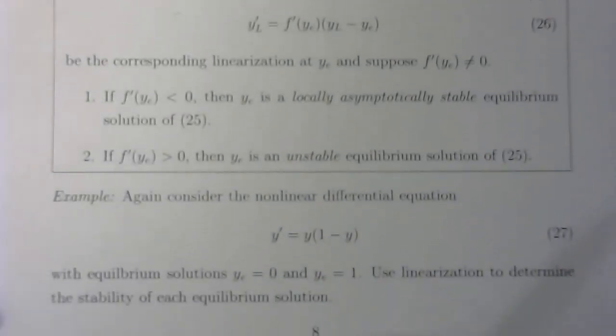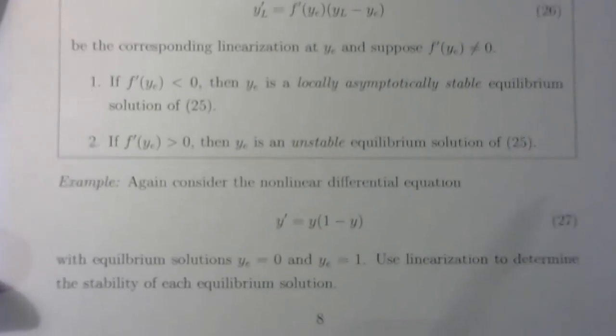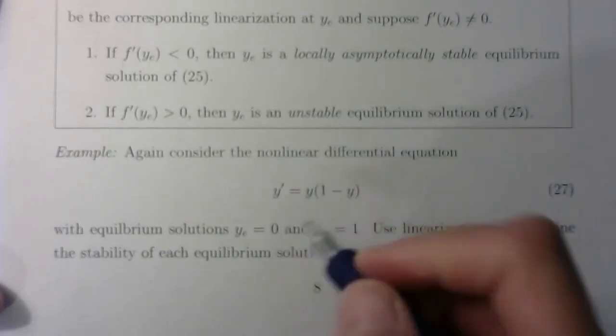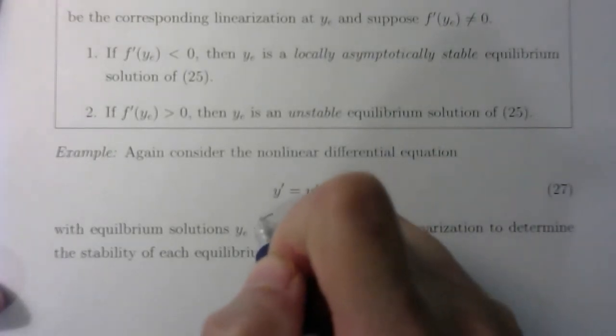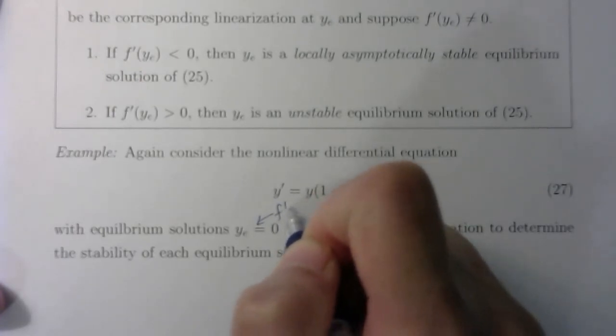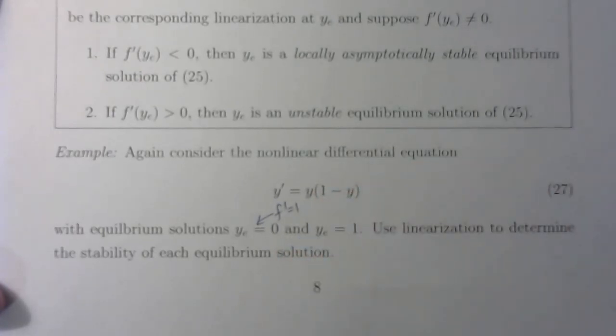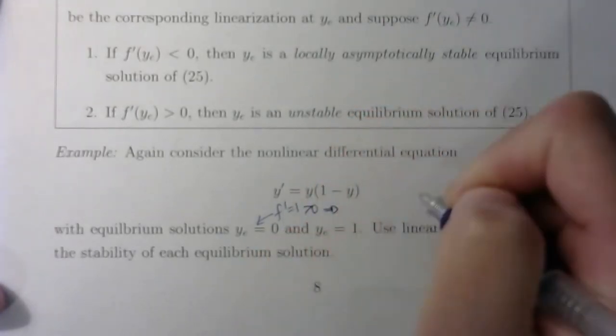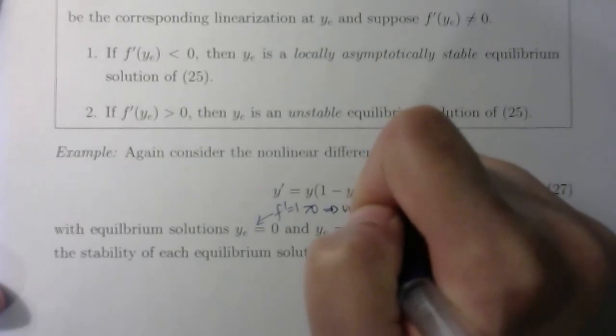So if I go back to my example now with my two equilibria, are they stable or unstable? Well, we showed that for the equilibrium at 0, f prime was equal to 1. So 1 is greater than 0, which implies unstable.